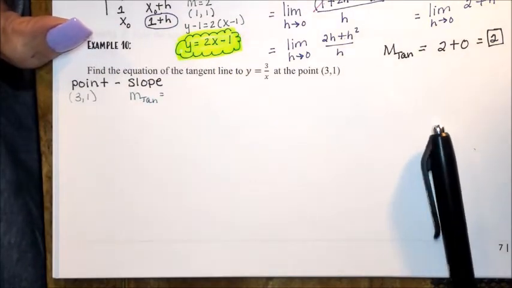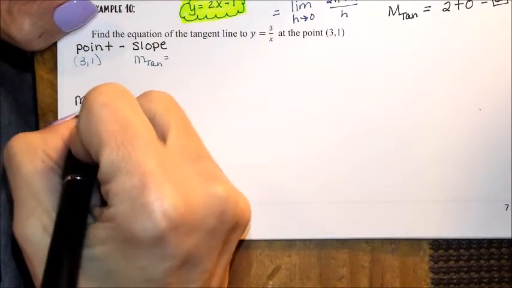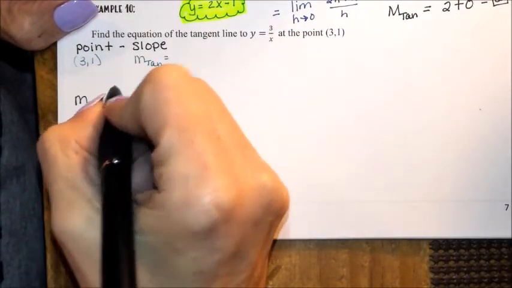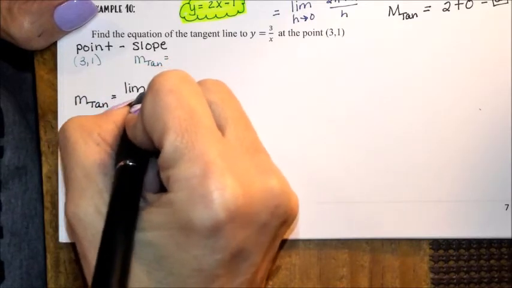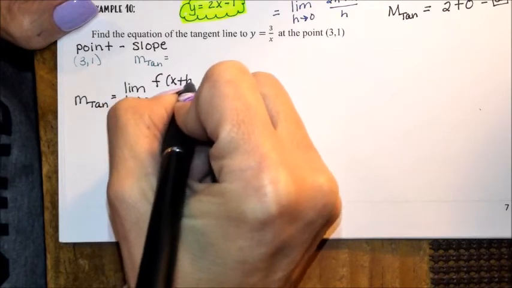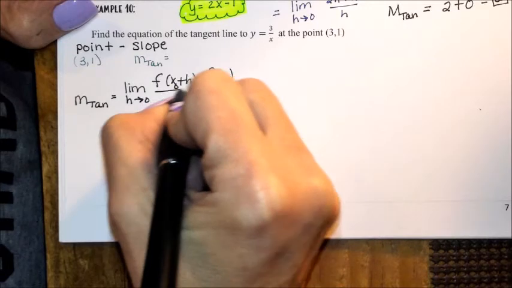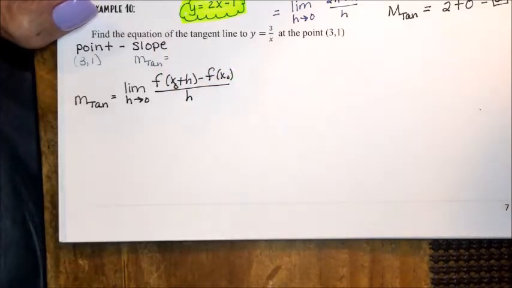I have to figure it out. All right? I do know that the slope of the tangent line is the limit as h approaches 0 of f of x plus h minus f of x over h. I know that. That's the rule that I know.